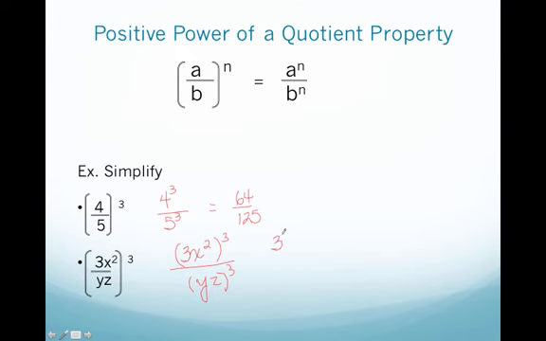I've got 3 cubed, x, and remember, now I'm going to have to multiply, so x to the 6th, over, distributing that 3, y cubed, z cubed. And now I'm going to simplify just a little bit. I've got 3 cubed, or 27, x to the 6th over y cubed, z cubed.